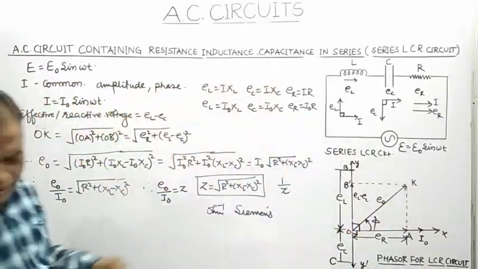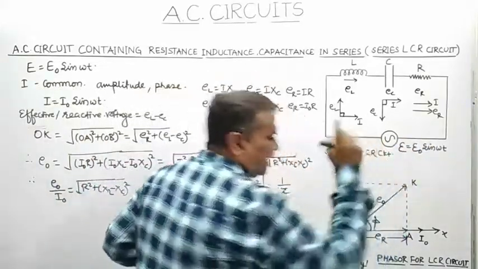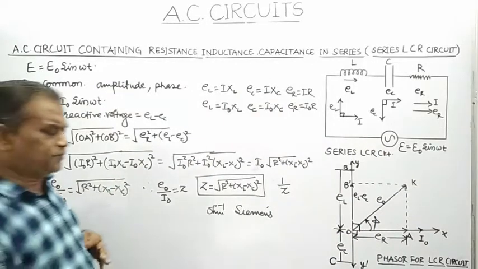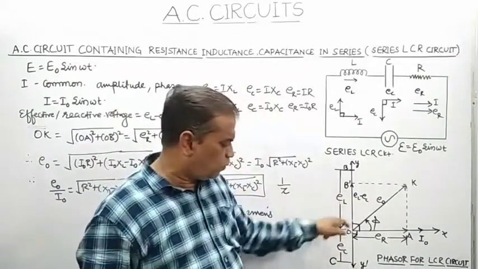Now look at the phasor diagram for the series LCR circuit. Carefully observe it. Here I have shown EC by means of OC.